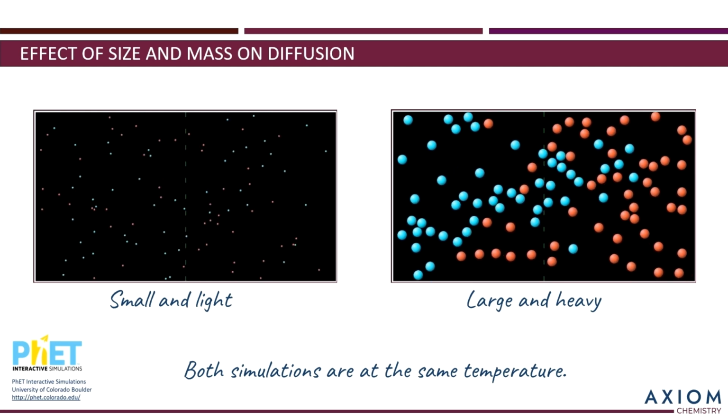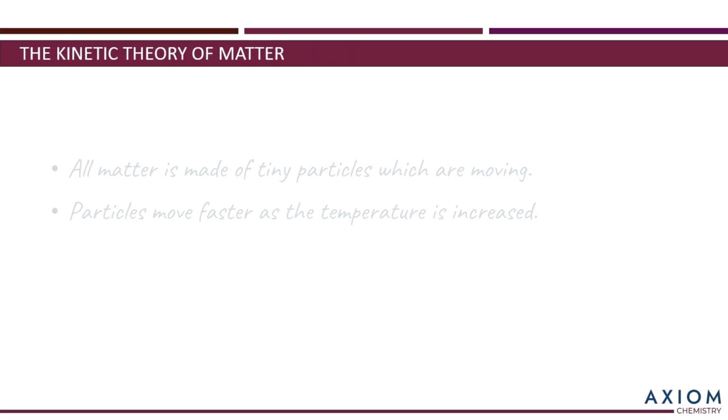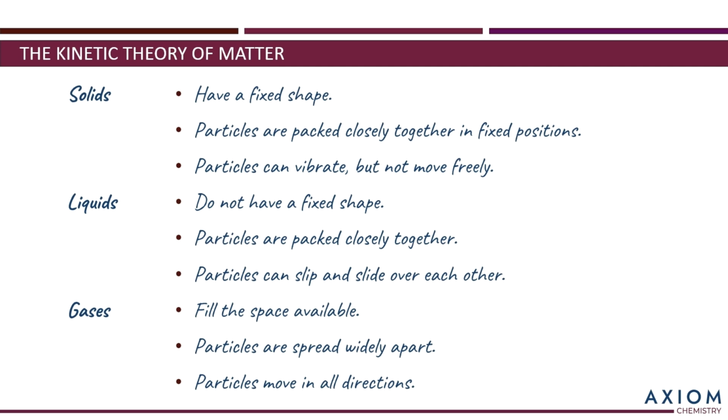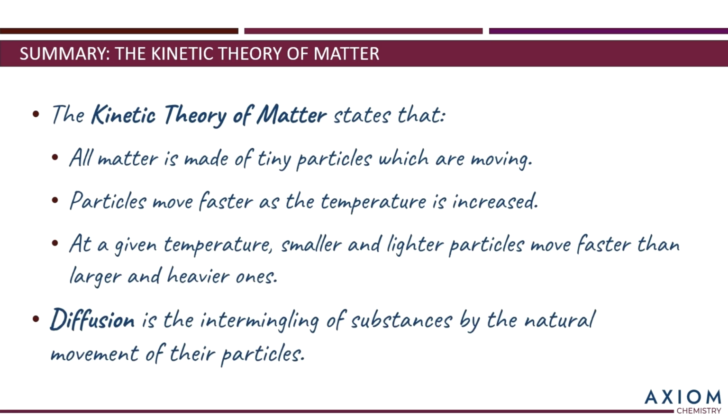And that's because they're moving faster. So we can add that to our list of observations. So here we are. At a given temperature, smaller and lighter particles move faster than larger and heavier ones. And those three statements, together with our observations of particles in solids, liquids and gases, are the essence of the kinetic theory of matter.